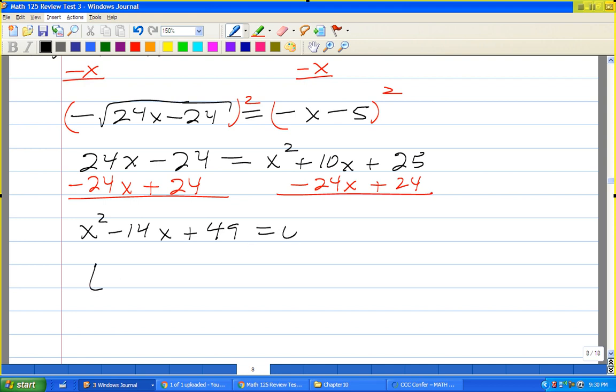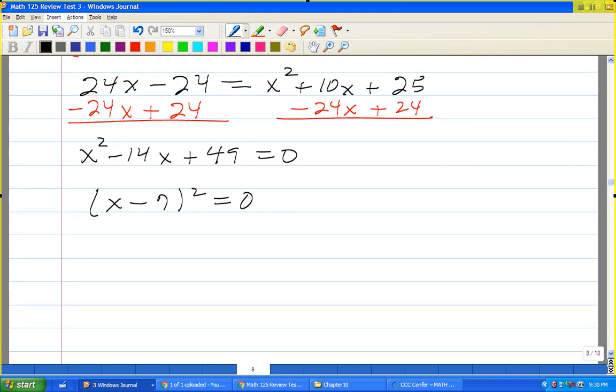And so this factors into x minus 7 times x minus 7. Okay, and so let me set each factor equal to 0 and solve for x. So x is equal to 7.